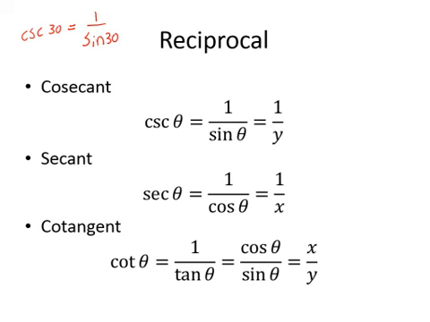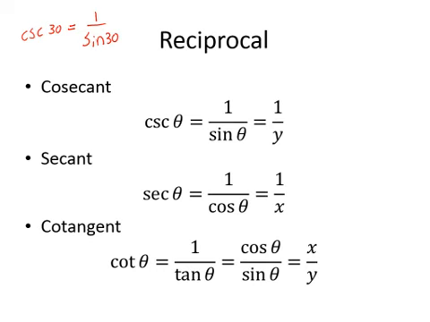The sine of 30 is 1/2, so 1 divided by 1/2 gets us a value of 2. And that is our cosecant of 30. So the cosecant is just the reciprocal of whatever your sine was. If your sine was root 3 over 2, your cosecant is going to be 2 over root 3, but you'd want to reduce it, obviously.